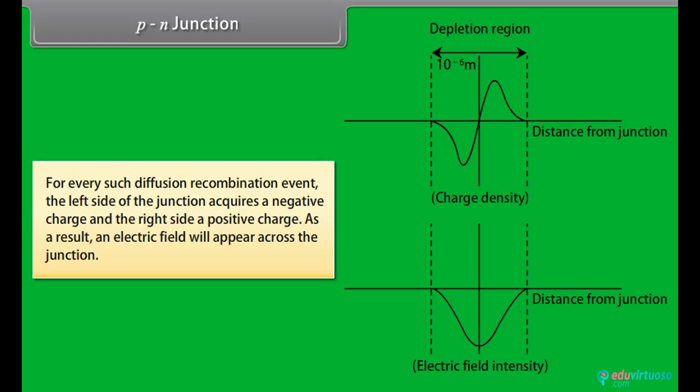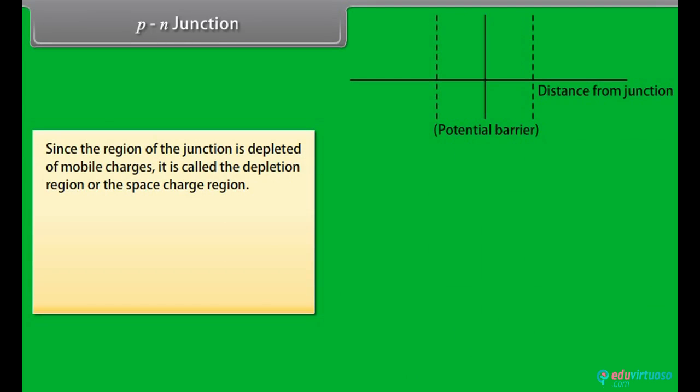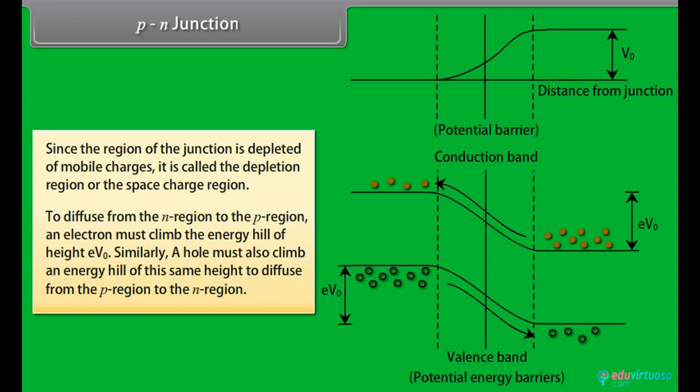As a result, an electric field will appear across the junction. Since the region of the junction is depleted of mobile charges, it is called the depletion region or the space charge region. To diffuse from the n region to the p region, an electron must climb the energy hill of height eV0. Similarly, a hole must also climb an energy hill of the same height to diffuse from the p region to the n region.